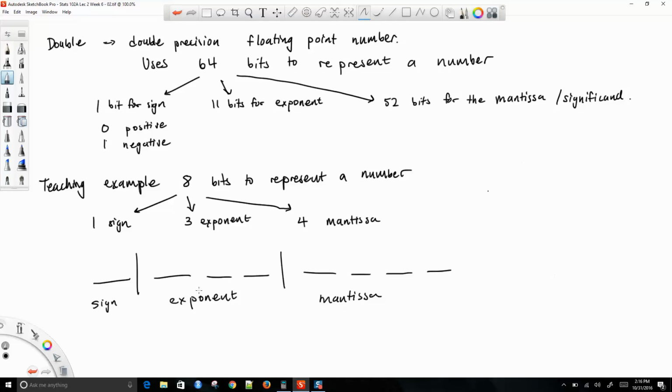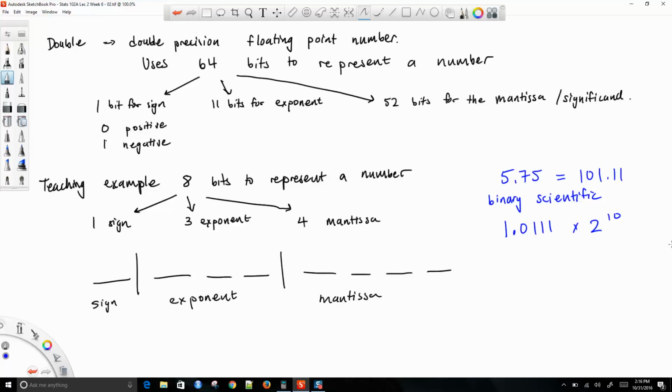Our previous value, which we had, was 5.75, which we said was 101.11 in binary, or in binary scientific notation, 1.0111 times 2 to the 10. So we established this earlier.